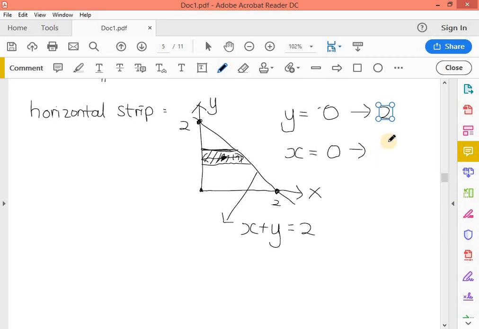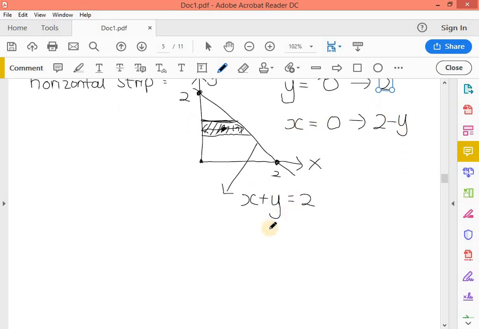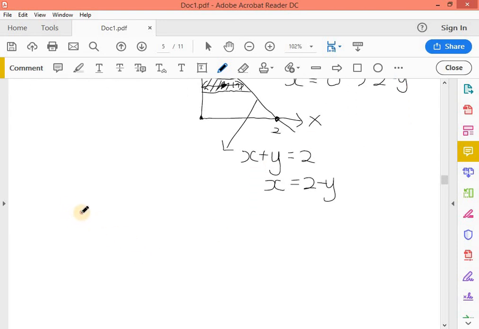So what should be here? Yes, good. 2 minus y. Okay? Since here you want the x, you keep your x here. y you move to the right side. That's why I put 2 minus y here. You clear?